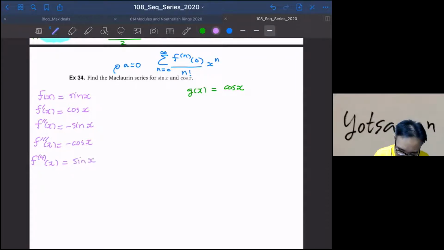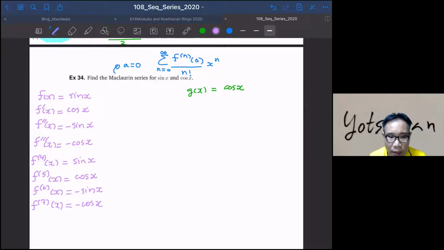The fifth derivative is cos again, the sixth derivative is negative sine x, and the seventh derivative is negative cos x. We need until 7.